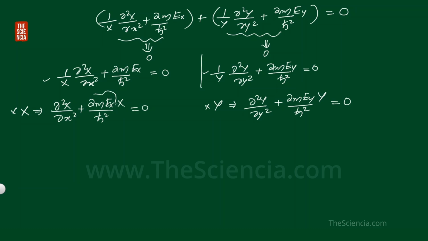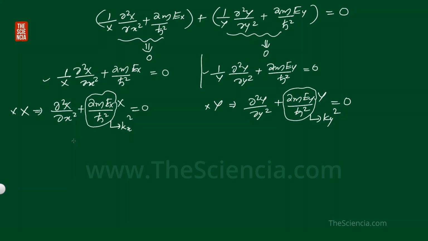Now I am going to substitute kx squared for this term because this is Ex, that is why I am substituting kx squared, and for this term, this is a function of Ey, so I am substituting ky squared.